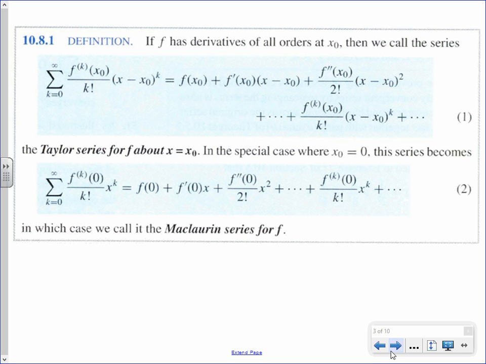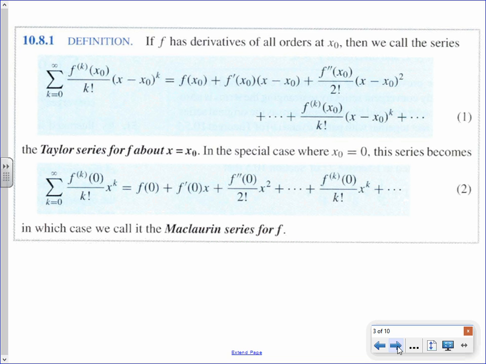So this is the nth polynomial. Here, just change it to infinity and write plus dot dot dot at the end. And now we have a series. This is going to keep going.